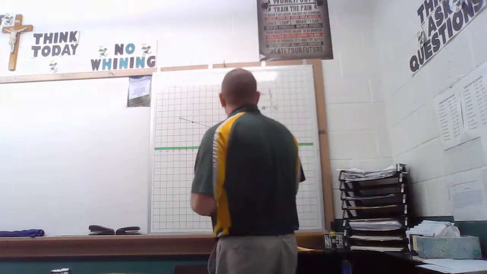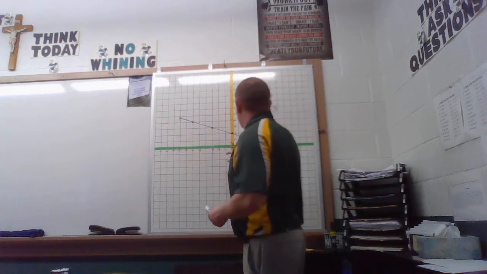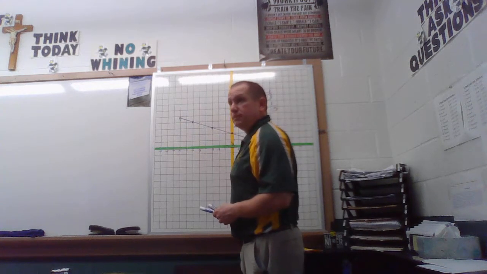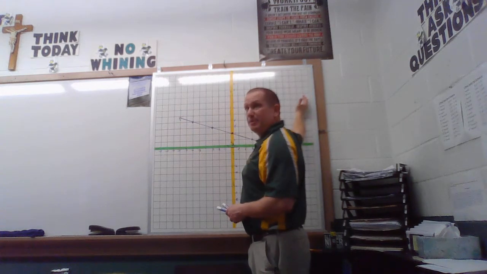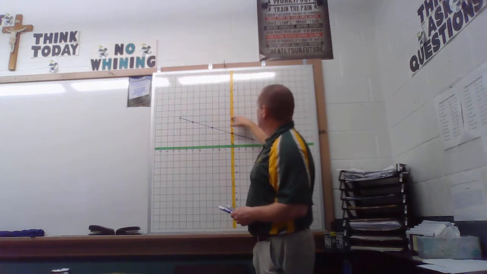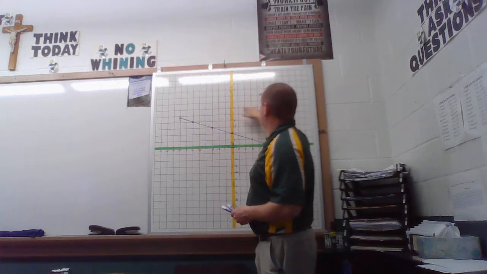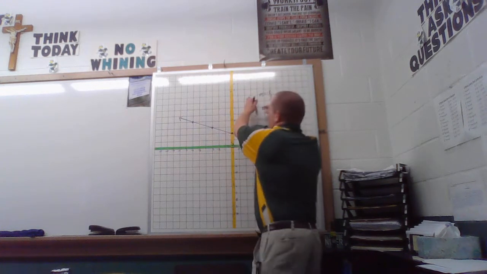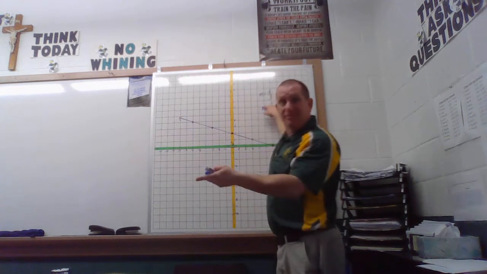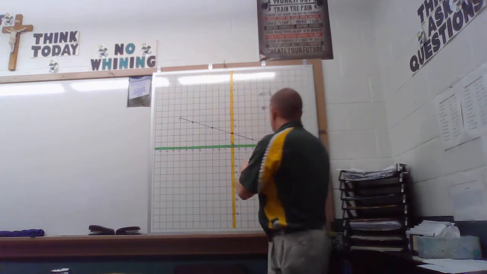So let's just say when we put our first dot here, which was plus 2, and let's just say that our piece of paper ran off right here. Okay, so that over there isn't on my piece of paper. So if I was gonna do my slope, I would have gone up 4, 1, 2, 3, 4, and right 5, like you said, 1, 2, 3, 4, 5. But my paper ended right here. So if I would have put that dot there, it would have been on my desk. All right? So I can't do that, right?